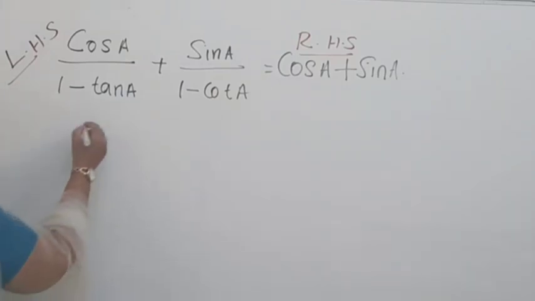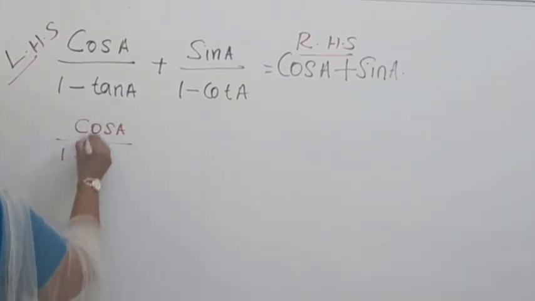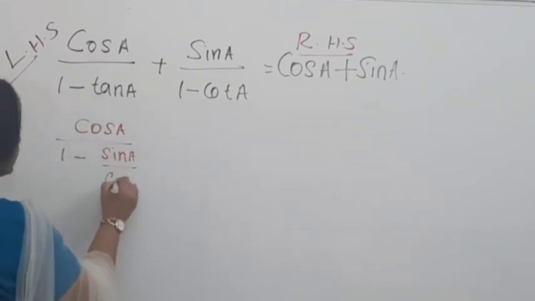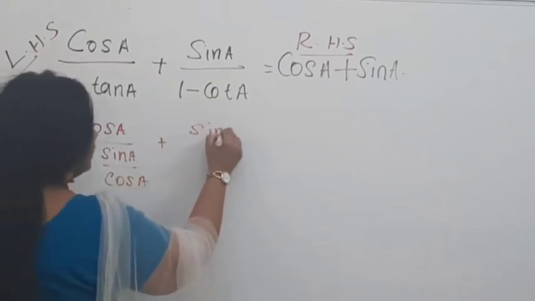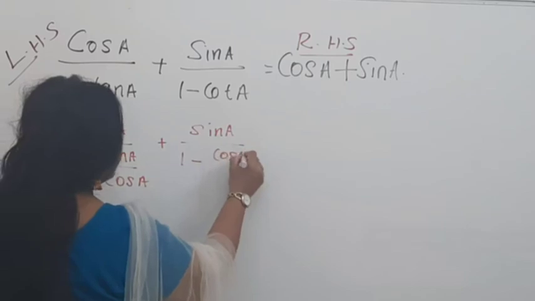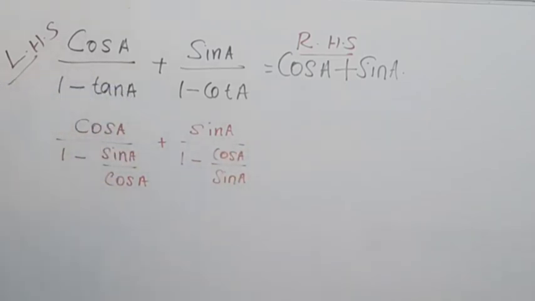Now I am going to do this: cos A divided by 1 minus tan A can be written as cos A divided by 1 minus sin A by cos A, plus sin A divided by 1 minus cos A divided by sin A. Hope you understand how I converted into the first category ratio.